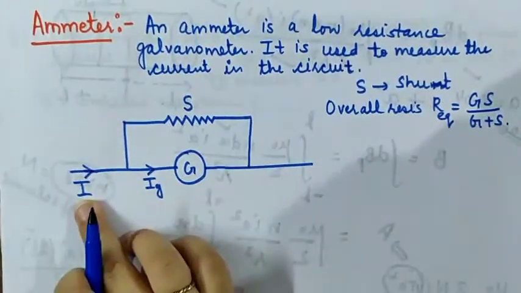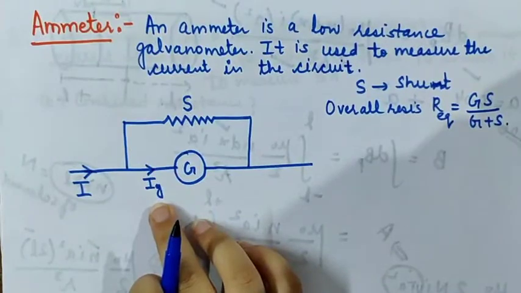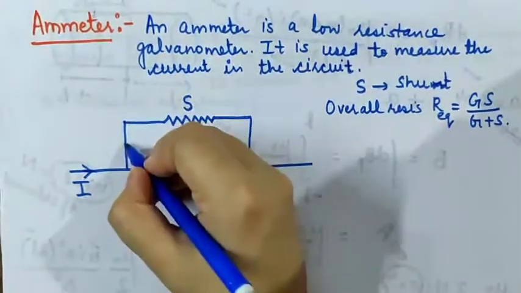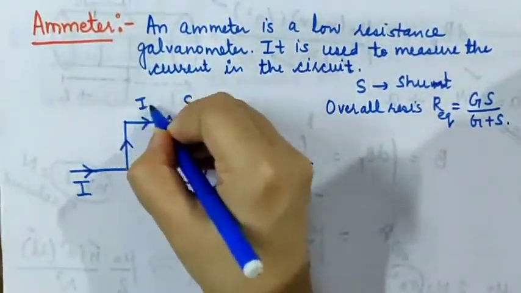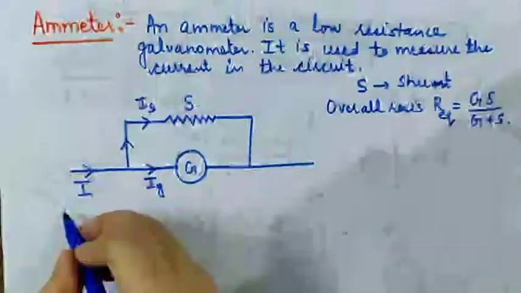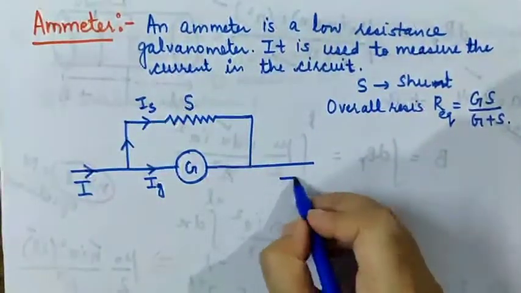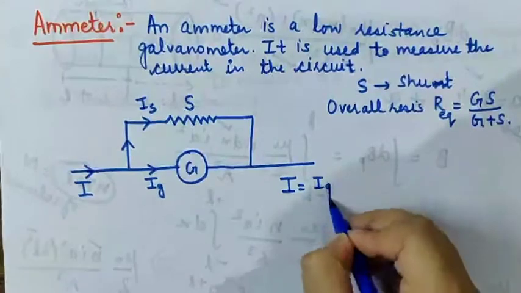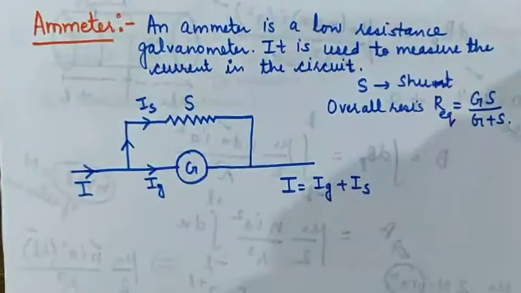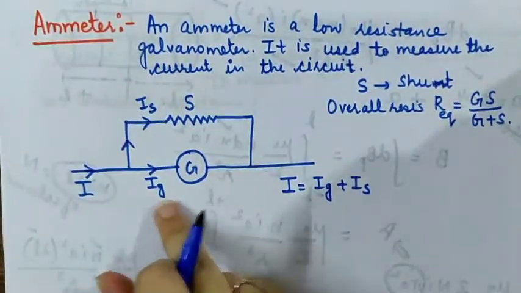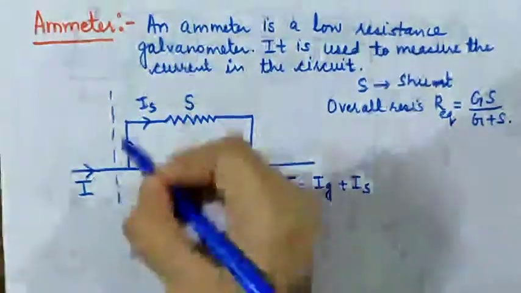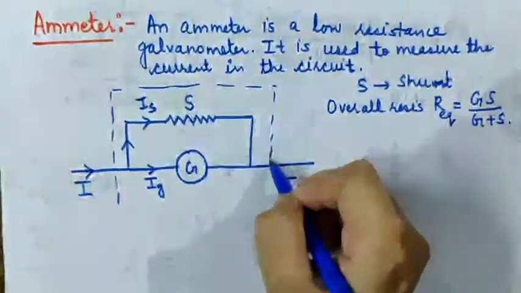Now when current I comes, Ig current enters the galvanometer, and the rest of the current, that is Is, enters the shunt. So it is very clear that I is equal to Ig plus Is. So the total current entering our ammeter is now I. Earlier it was Ig.